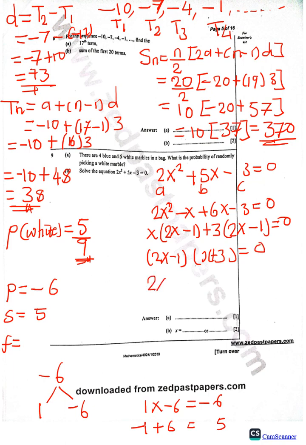So 2x minus 1 is equal to 0, or x plus 3 is equal to 0. So this one will shift to this side, giving us 2x is equal to 0 plus 1 is 1, divided by 2, also by 2. So the first value of x here is positive half.